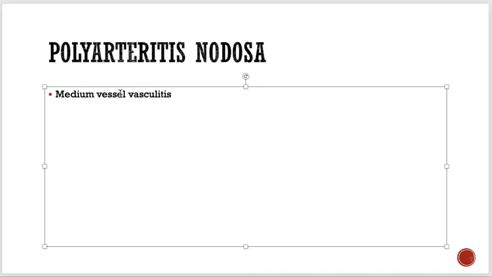What are the features as a whole? No matter what kind of medium vessel vasculitis you are talking about, how do these patients present? The medium sized vessels are involved, so they mostly present with Raynaud's phenomenon. They present with livedo reticularis.